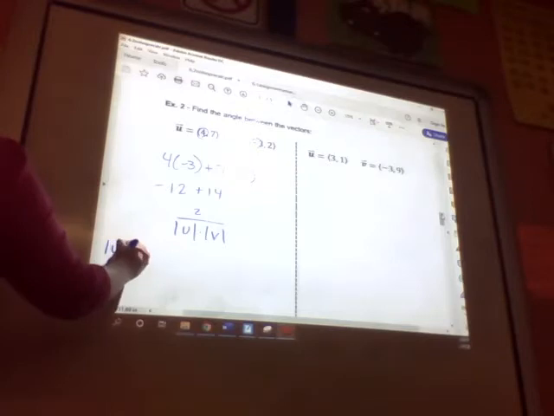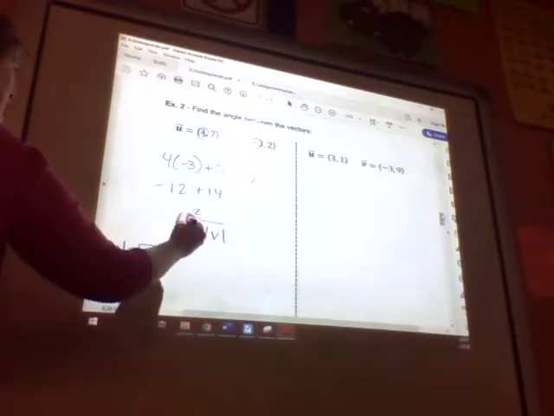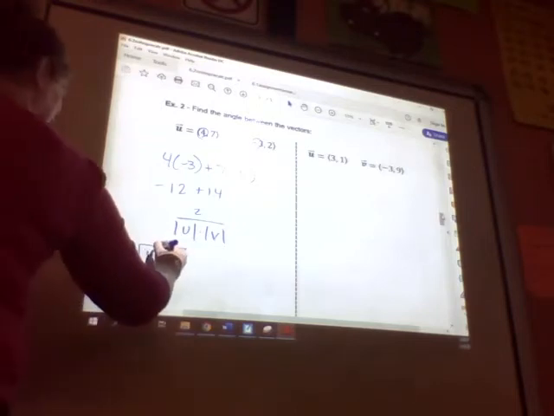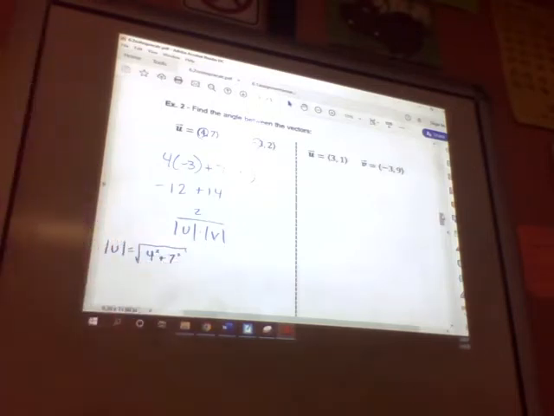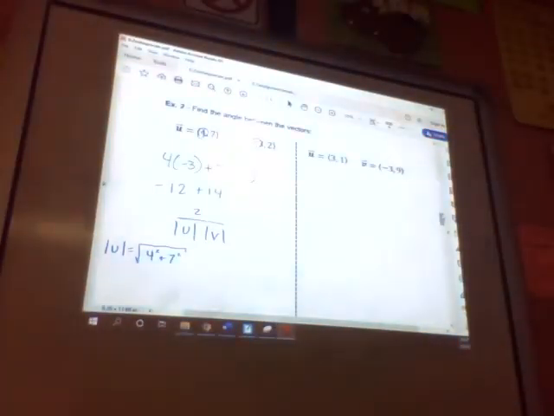It's the square root of x squared plus y squared. You just take the x number and square it, and the y number and square it, and then square root whatever your result was. Isn't that just like the distance formula? In fact, exactly.